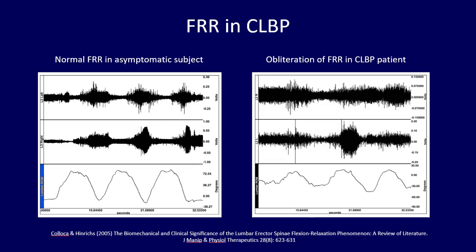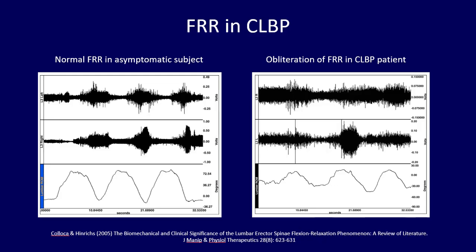So we get an increase in activity at the beginning of flexion, a reduction and obliteration in activity as we move into full flexion, and we simply hang on the elastic recall of our spinal extensors, only for those muscles to become active again as we move up into extension.